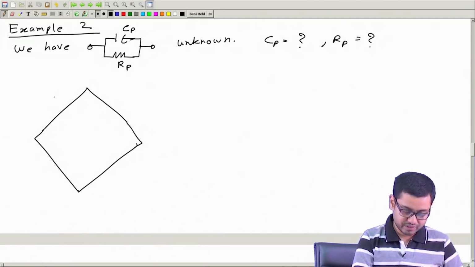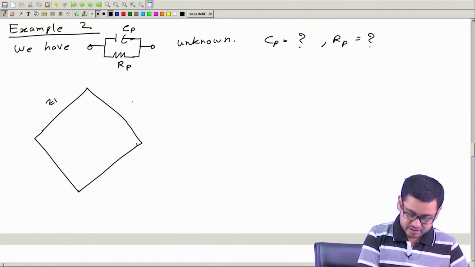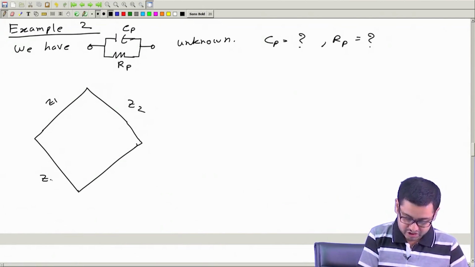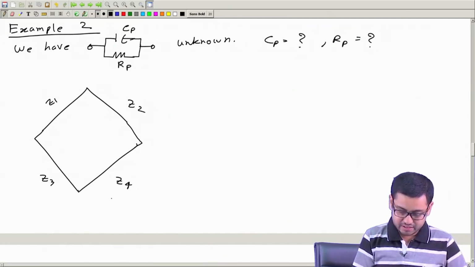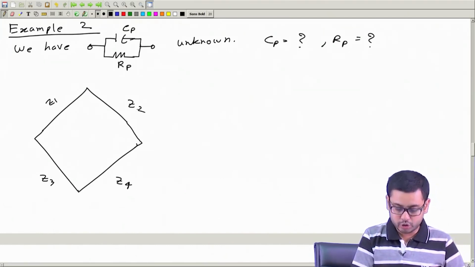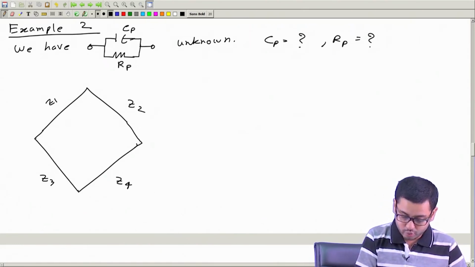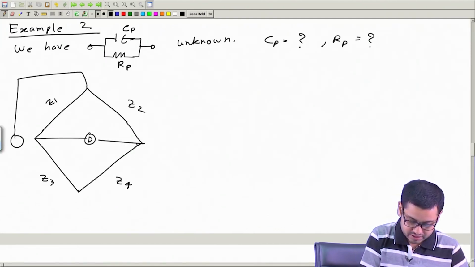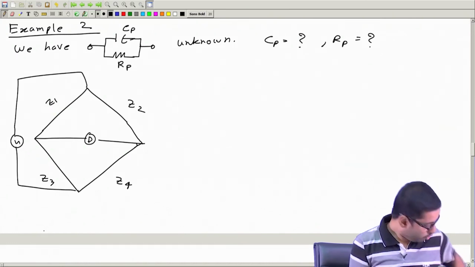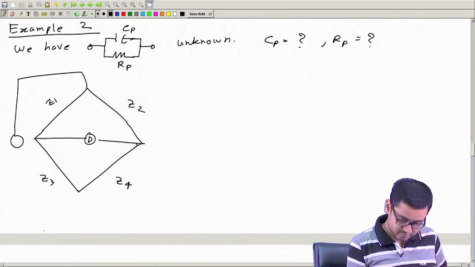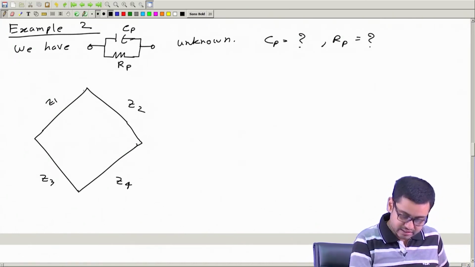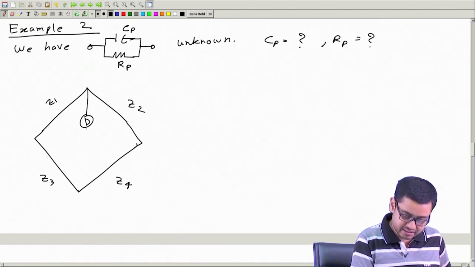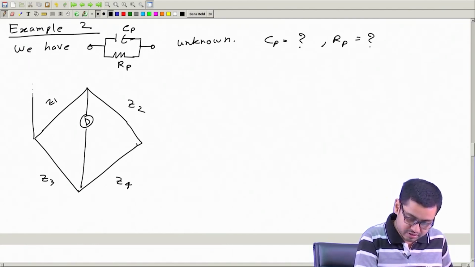So, I can have Z1, Z2, Z3, Z4. The balance condition is Z1 by Z2 equal to Z3 by Z4, true no matter whether the detector is here and the source is here, or the detector is here and the source is here.